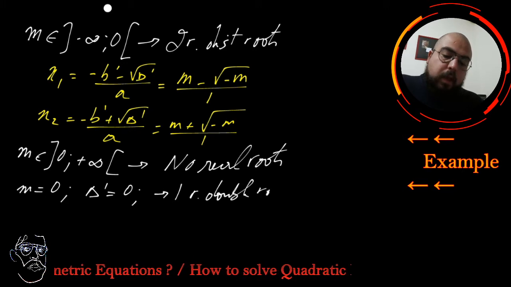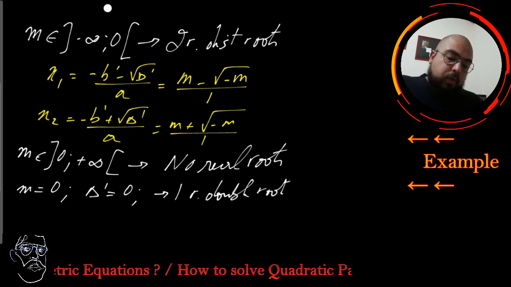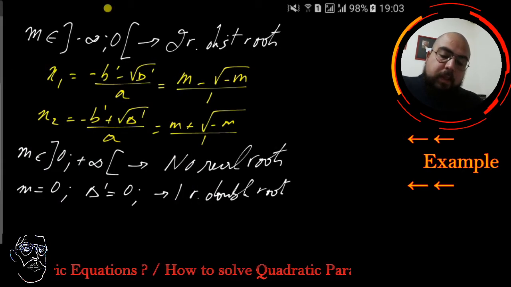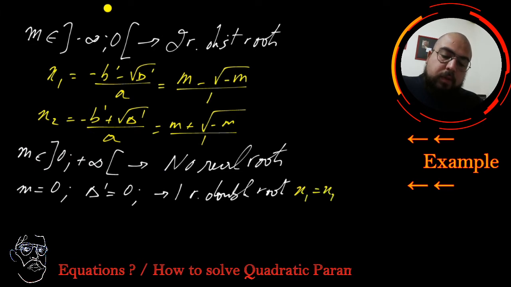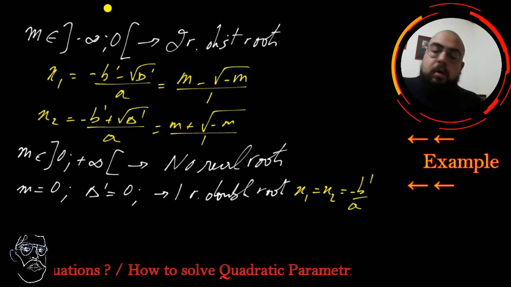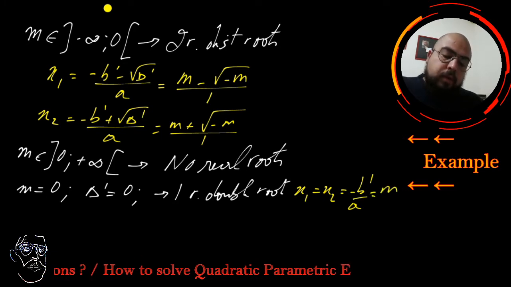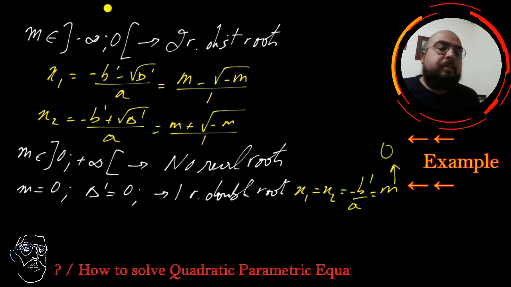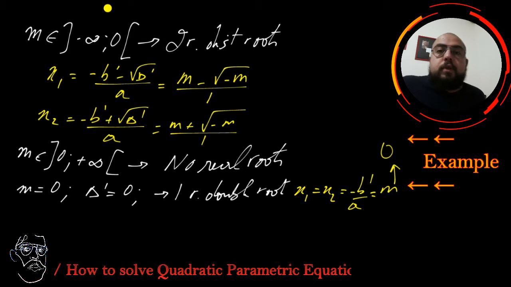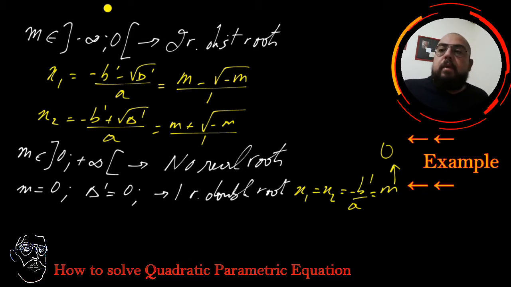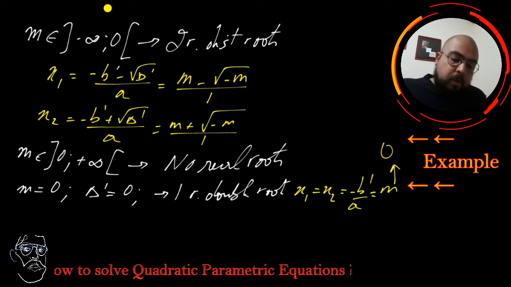And of course I can calculate that double root. It will be x1 equal to x2 equal to minus b prime over a, so it's equal to m. And when you replace m by 0, it will be 0. All right, so this was our third example. Let's go to the fourth example.